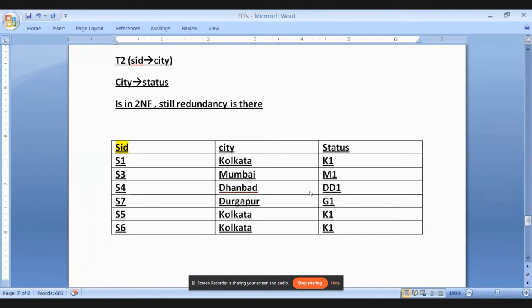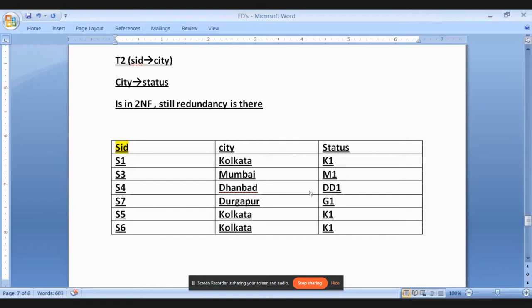And by mistake, if I update 5 records and the remaining records I did not update, then what will the table be? The table will be inconsistent. Some tuples will have K1 as the status of Kolkata and some tuples will have KK1.